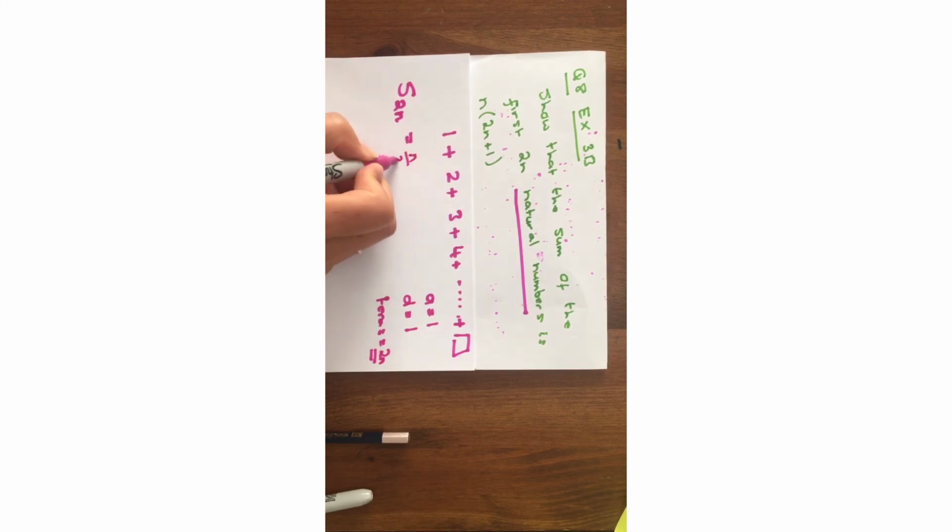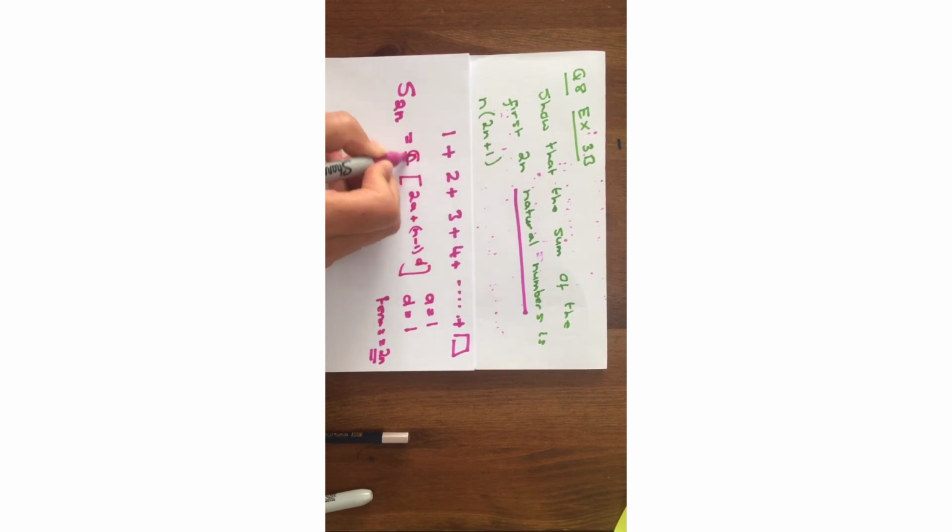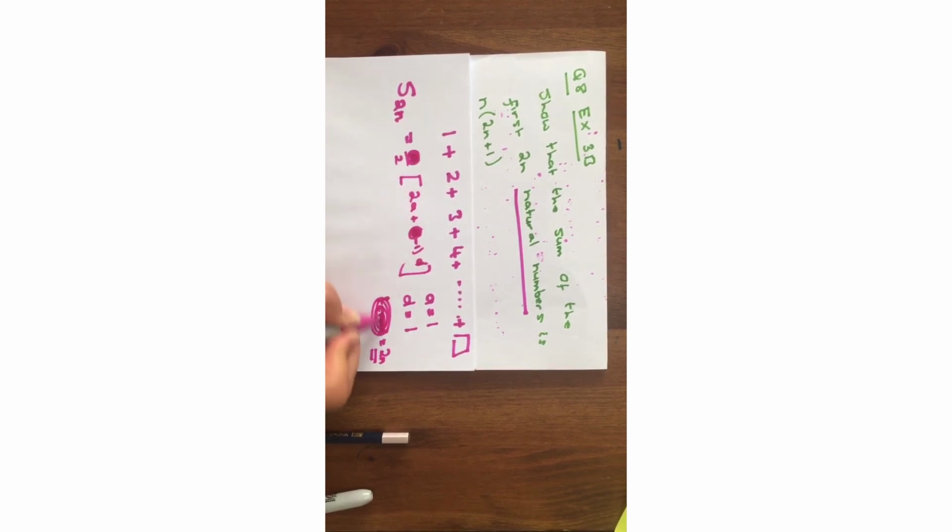So I'm going to write down here's my formula. Now the thing is, it's easy to get confused here because n is the number of terms. I'm just going to put that in a little circle. So this is my number of terms. I don't want it to get confused, because we've got 2n for the number of terms.